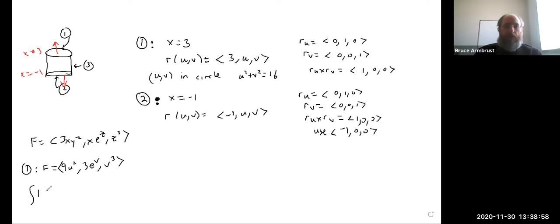So the integral then, double integral. When I dot this with 1, 0, 0, I get 9u squared. So I'll just call it 9u squared dA.